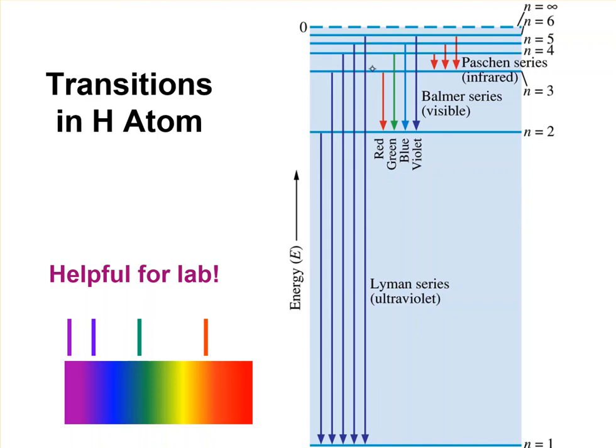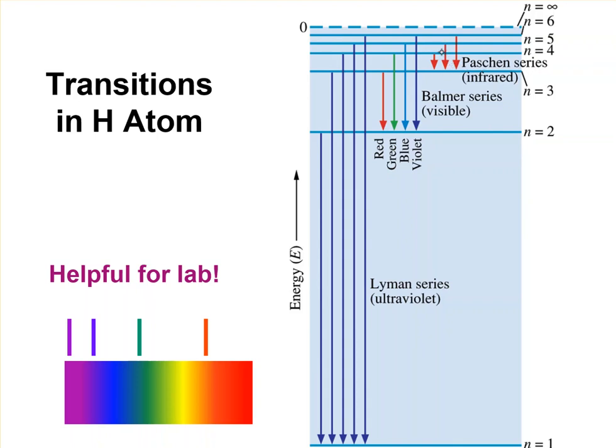Because of the spacing of these, all of the transitions where they end here at the first principal energy level, n equals 1, those all involve higher energy photons than any of the transitions that end at 2. And those are all higher energy than all of the transitions that end at 3.